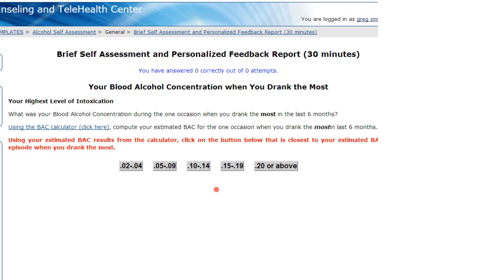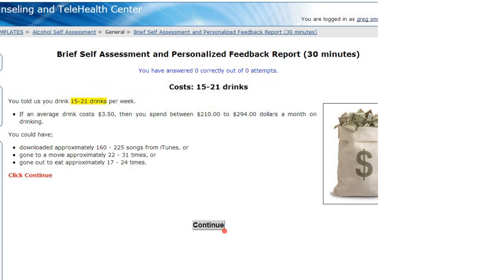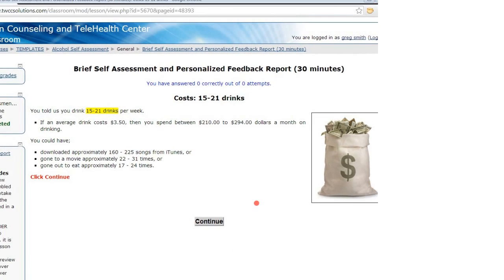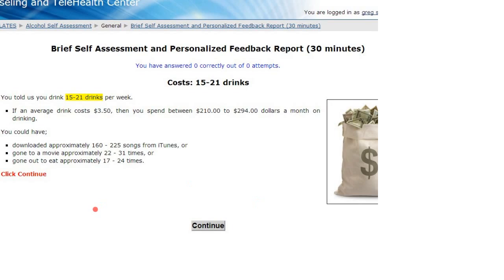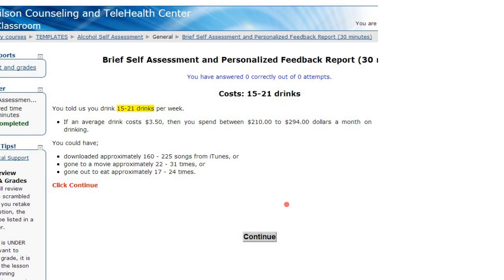You might have picked this one, 1.5 to 1.9. And then we'll go here, and so you told us you drink 15 to 21 drinks per week. These are not in any particular order, but I'm just using them as an example.